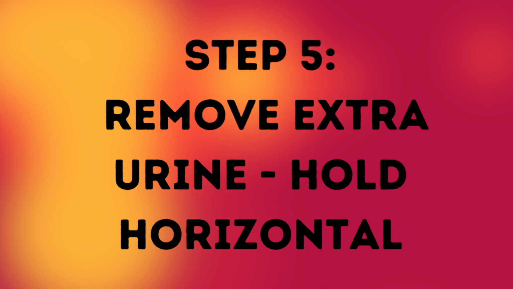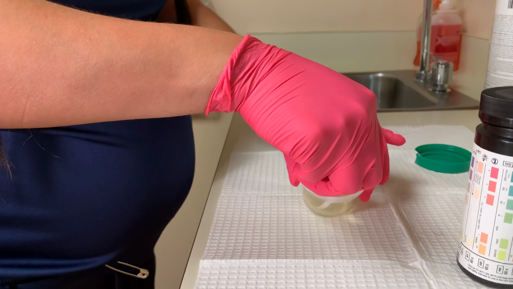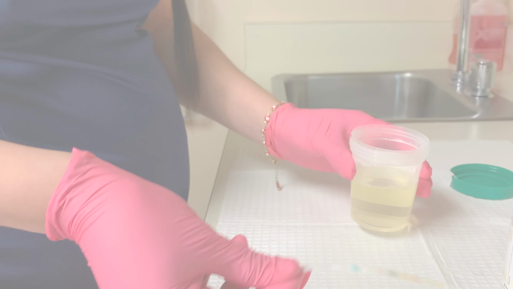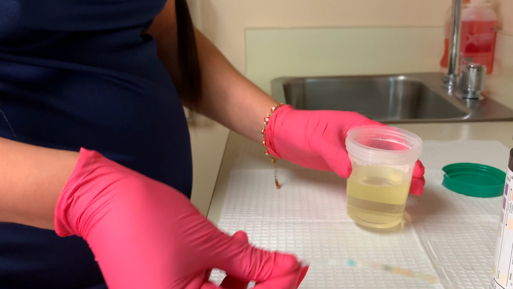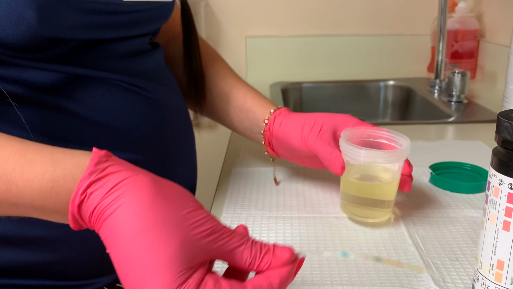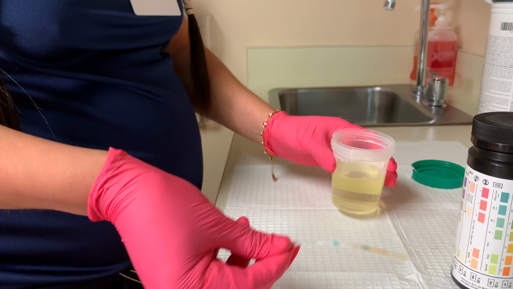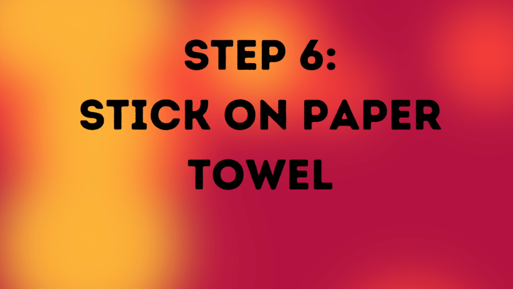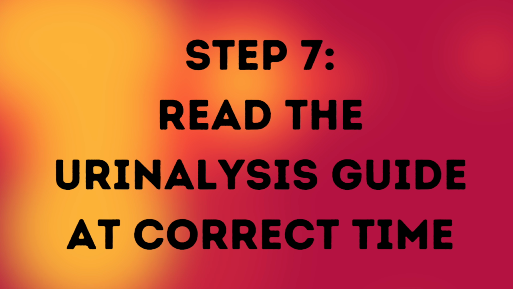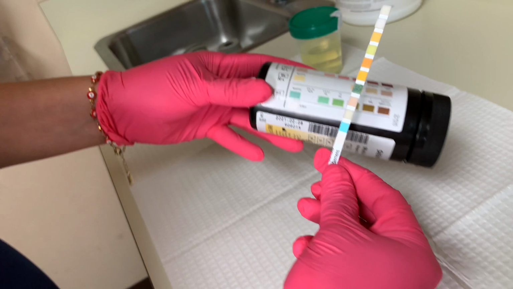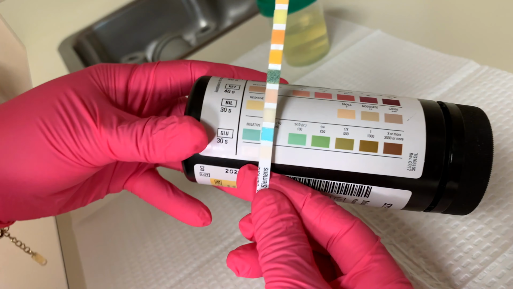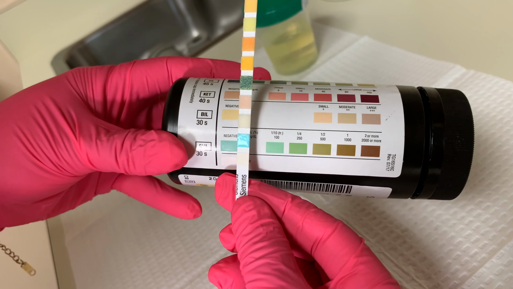Step 5, remove it immediately and then tap off any extra urine. Try to hold the stick horizontally and not vertically, otherwise it might cross-contaminate the reagents and bleed onto the other squares. Step 6, stick it onto the paper towel. Step 7, read the guide to determine what's positive and what's negative.